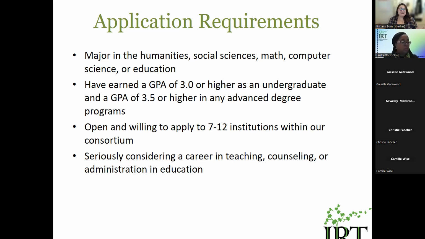However, to maximize your success, this is the range we recommend. Applying broadly, across the country to different geographic regions, applying to different kinds of institutions, and applying to about a dozen is our best wisdom. So if you're willing and open to that, we'll be a great fit for you.